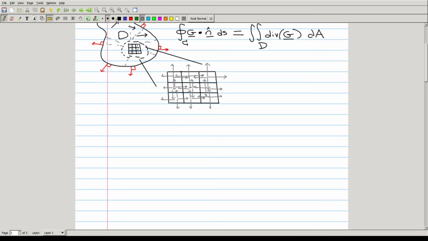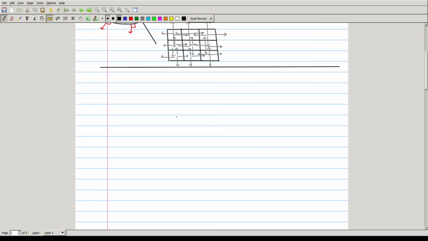So I'll go through and offer a relatively straightforward proof of the general Gauss's theorem, and I'll write that down in general on the next page. But the idea here is that we're going to be considering now extending this idea to general surfaces.